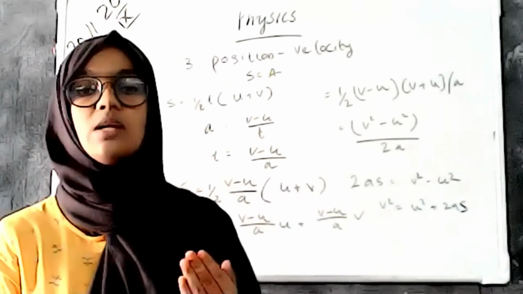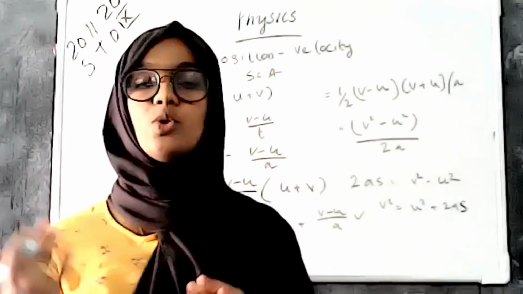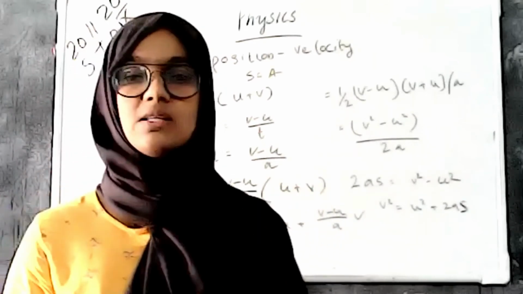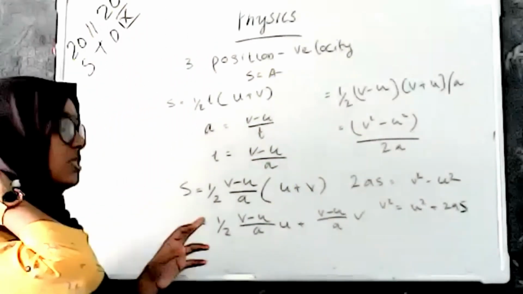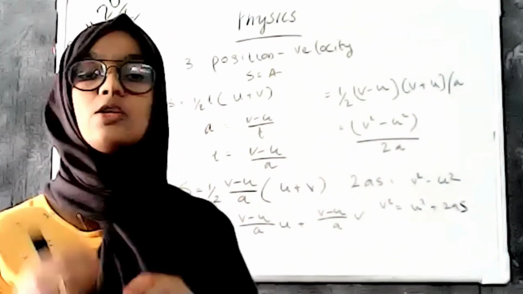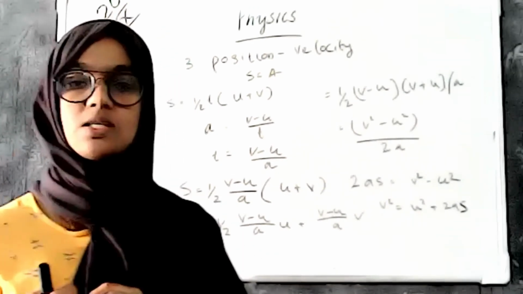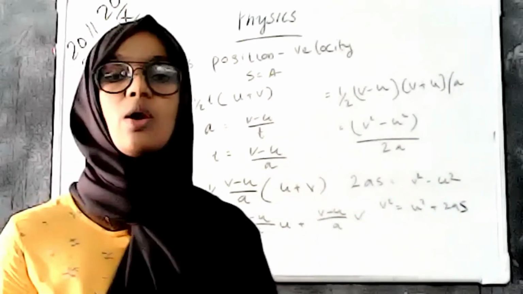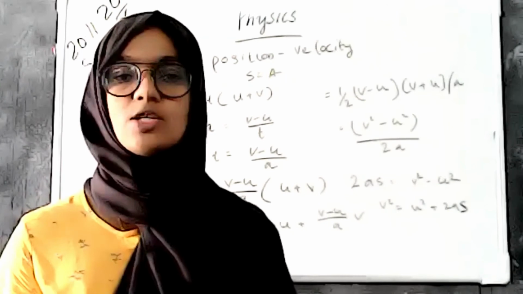When we substitute for t, the equation changes. After some mathematical operations and rearrangements, we get the final equation. So there is no change, but the substitution changes the equations. So v square is equal to u square plus 2as, which shows the position-velocity relation, and this is the third equation of motion.